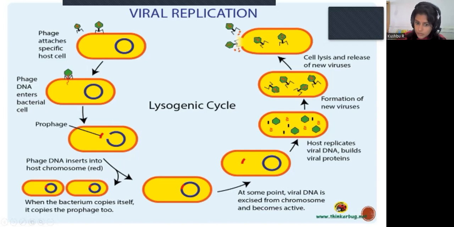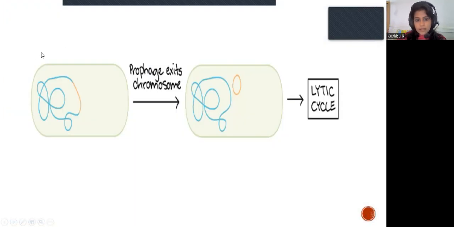On onset of favorable conditions, the prophage detaches from the chromosome of the host and switches to the lytic pathway. This is what I was trying to explain, where there is an integration of your viral genome inside the bacterial chromosome. When the prophage exits from the bacterial chromosome, it switches to the lytic pathway.